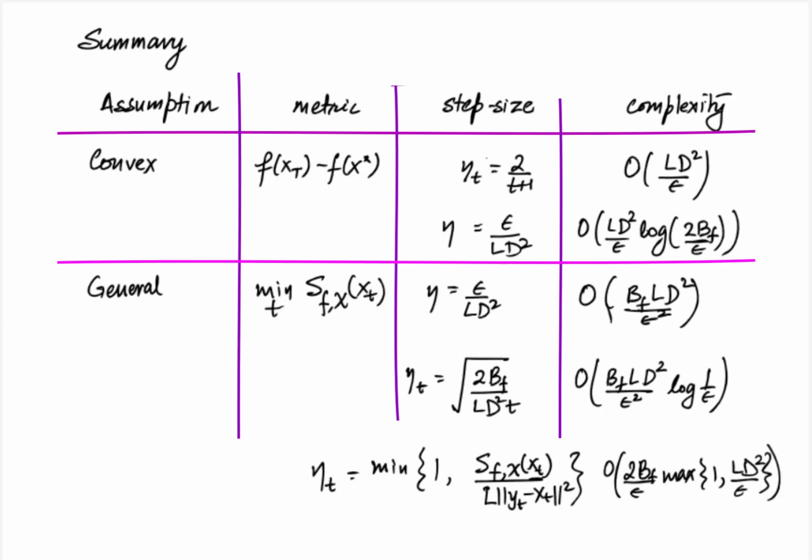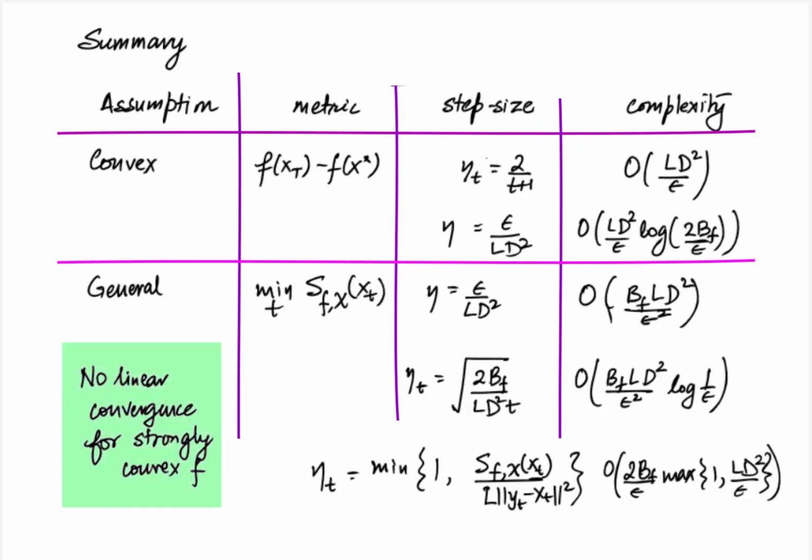So it is instructive to compare these complexities with that obtained for projected gradient descent. For both cases, the overall dependence on epsilon is roughly the same. However, as compared to projected gradient descent, there is no linear convergence result for strongly convex F. You can go back to the analysis and try to see if imposing the strong convexity condition at any point would help us improve the rate.